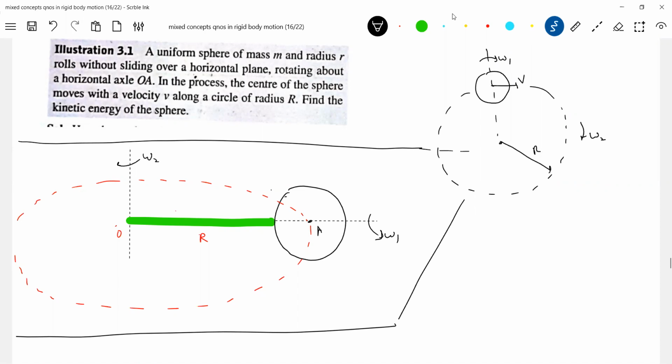It's asking to find the total kinetic energy of the system. First, what is the moment of inertia about the x-axis? This is the x-axis, this is the y-axis. Instead of a sphere, if you make a disk, it will be easy for you to understand the diagram.